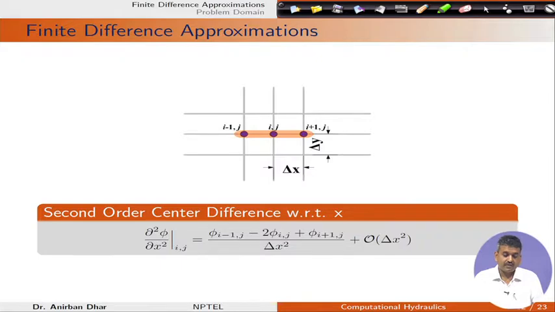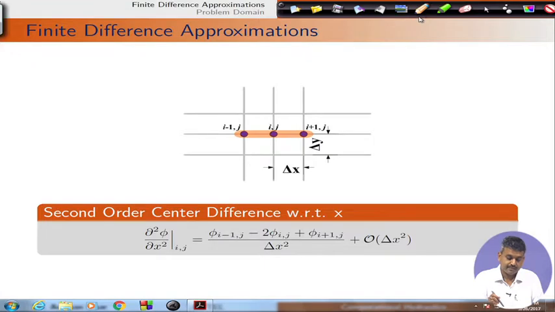Finite difference approximations: this is the second order center difference with respect to x. For the second order derivative we have phi i minus 1, phi i plus 1, over del x square.